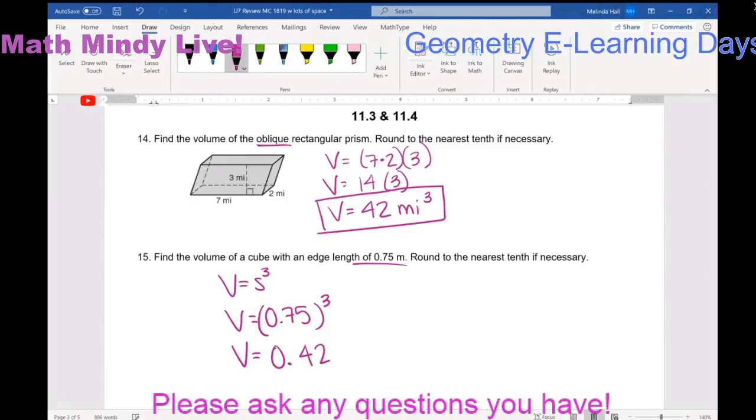Oh, we're rounding to the nearest tenth though. So since we have 0.4, that would just be 0.4, and that would be meters cubed. And keep in mind, the 0.4 is smaller than the 0.75 because you're taking 3/4 of that 0.75 two more times. So you are making it a smaller number.